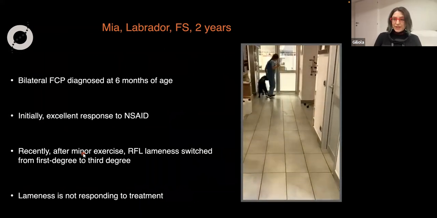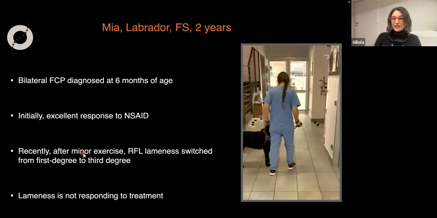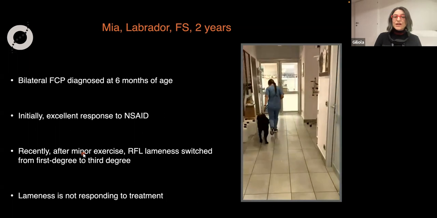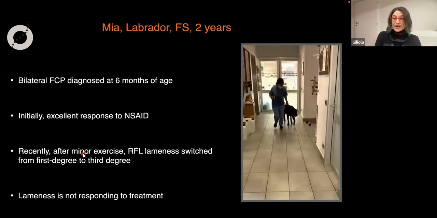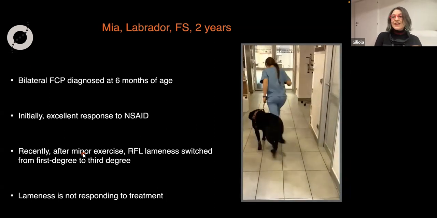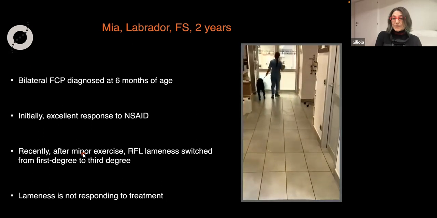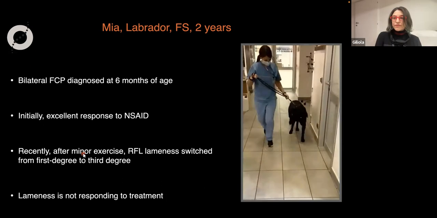She came to me at 2 years of age because she stopped responding to non-steroidal anti-inflammatory drugs. Before, it was quite easy with physiotherapy, controlled exercise, minimal pharmaceutical pain management. There was not a big problem. She was doing fine.